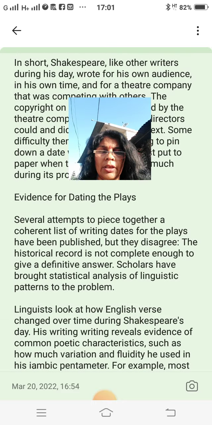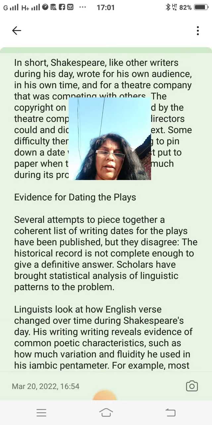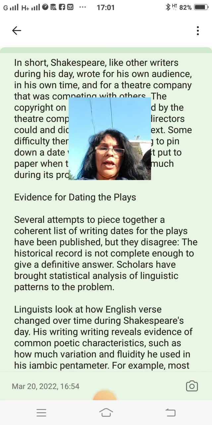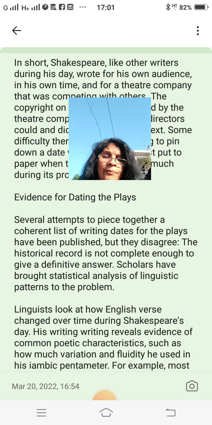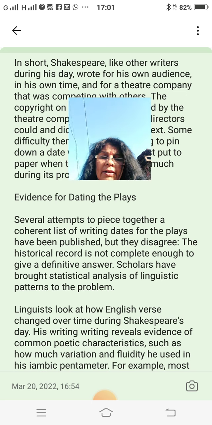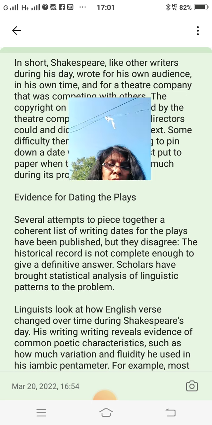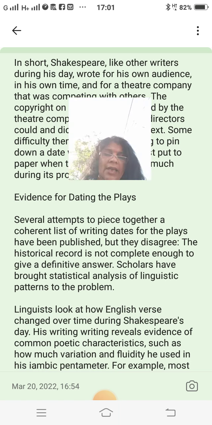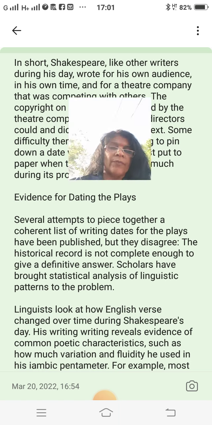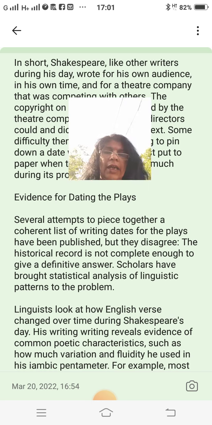Linguists look at how English changed over time during Shakespeare's stay. His writing reveals evidence of common poetic characteristics, such as how much variation and fluidity he used in the iambic pentameter.